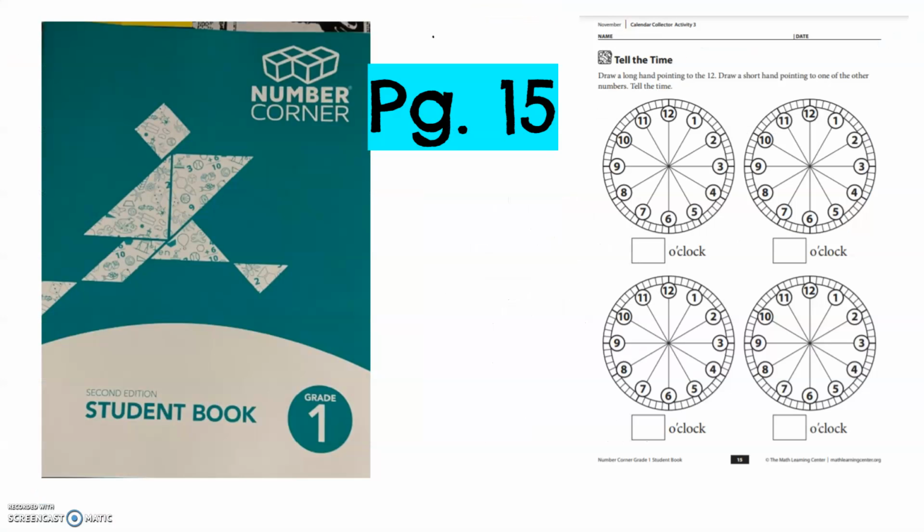All right, our stars, I'd like you to pull out your number corner book. It's the book that has the blocks on the top and a person made of shapes. I'd like you to pull that book out. Give you a few minutes to pull it out. Once you have it, I would like you to turn it to page 15. Page 15.